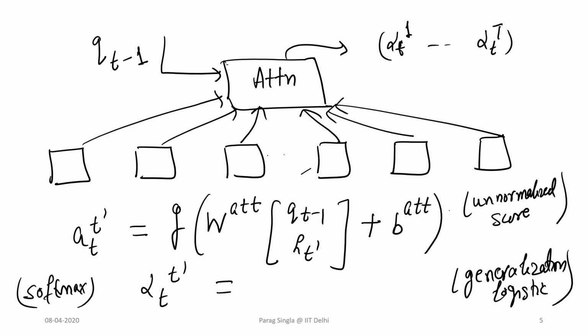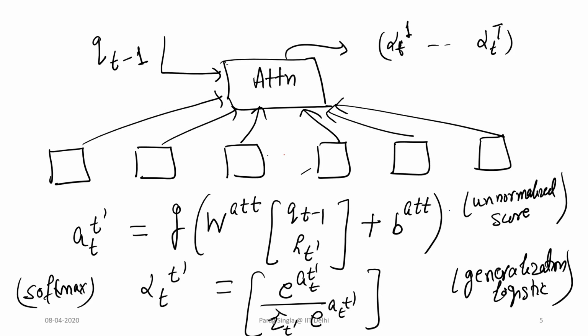This is given by e to the a t, t prime divided by the sum over all possible t primes of e to the a t, t prime. To see that this is a generalization of the logistic function, if you take the numerator and divide every term in the denominator, then you will get 1 over 1 plus a bunch of terms, each of which is of the form e to some linear combination of these unnormalized scores a t.